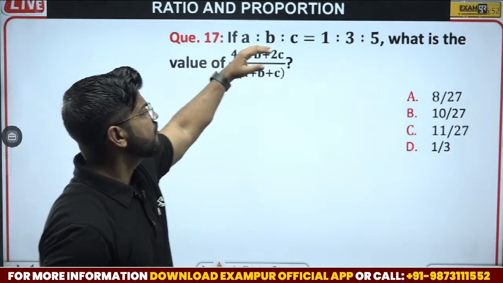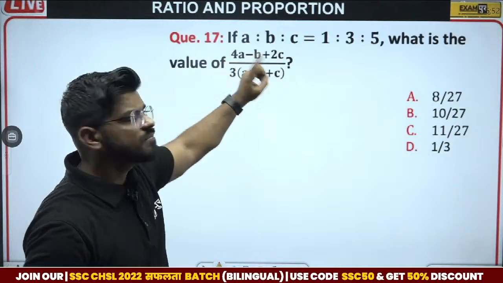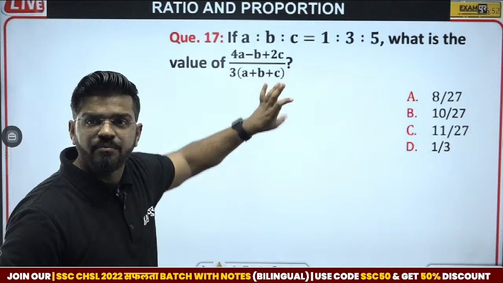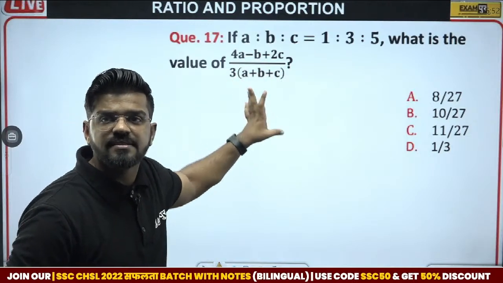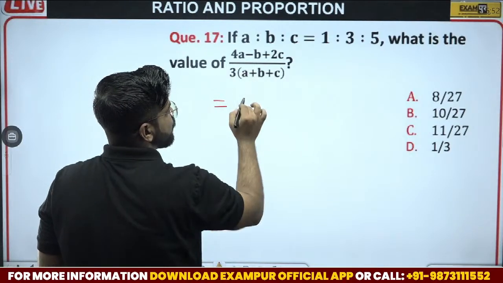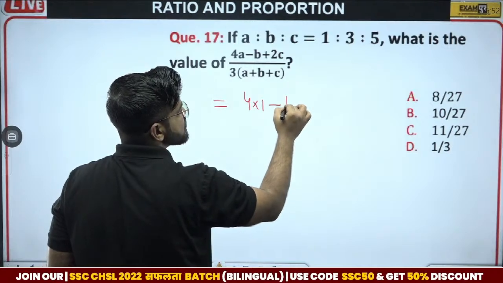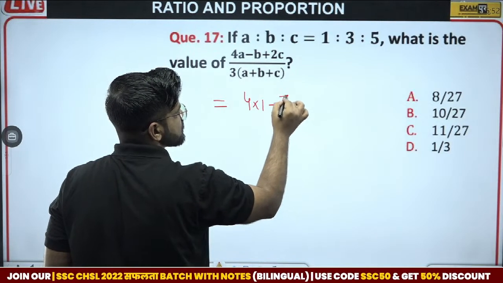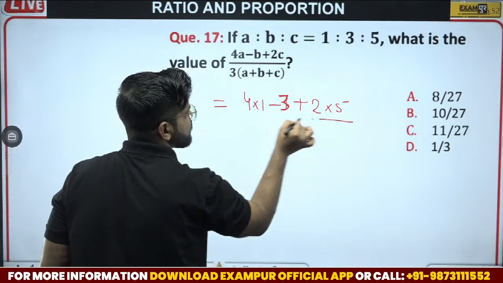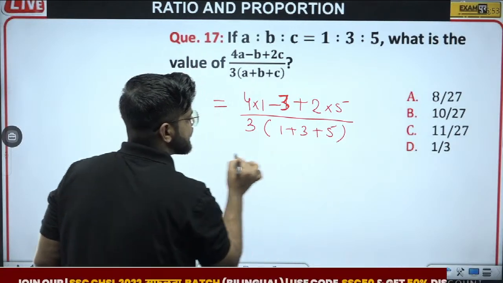Here directly we have a, b, c ratios and we have a homogeneous polynomial. I told you that in each term the power is the same, and in the denominator each term's power is the same. Both numerator and denominator have the same degree. That means we can directly put in the values of a, b, c. So 4 into 1, that means 4, minus b into 3, that means 3, then plus 2 into c, that means 2 into 5, and upon 1 plus 3 plus 5 directly.